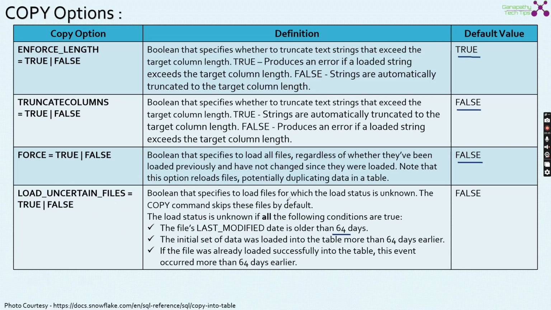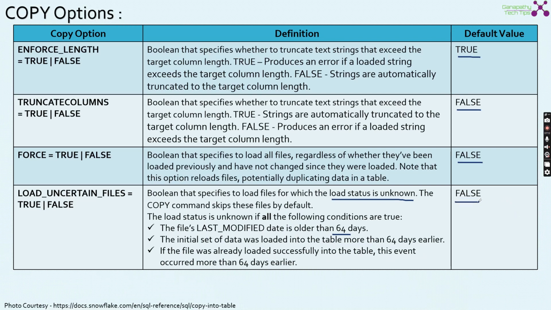It is again a Boolean expression that specifies to load files for which the load status is unknown. The copy command skips these files by default actually. So the load status is determined using the last modified date, which is more than 64 days older. The initial set of data was loaded into the table more than 64 days earlier. If a file was already loaded successfully into the table, this event occurred more than 64 days earlier.